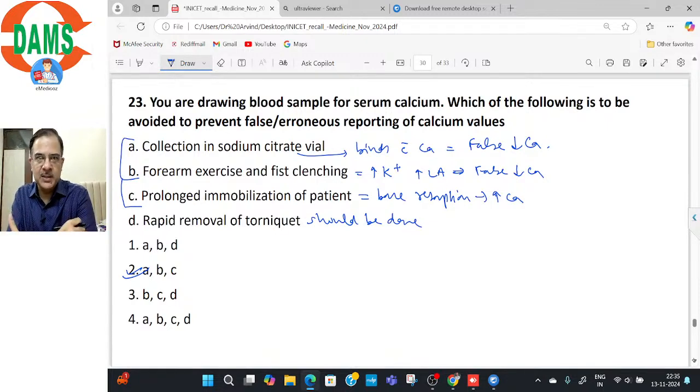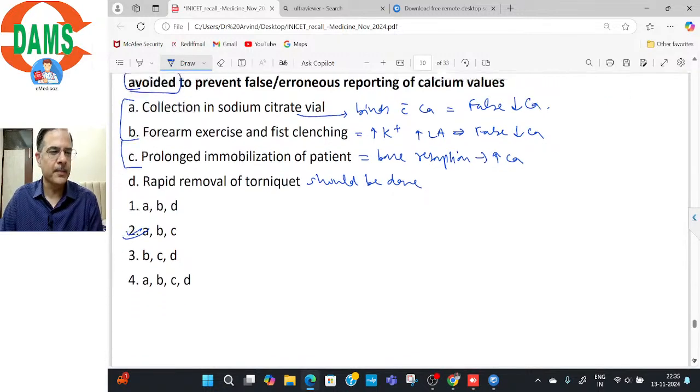It will compress the muscles, potassium will be released from the muscles, and that will interfere with the calcium assays. So the D option is true. That should be done. All the things which should be avoided, A and B should be avoided. But by default, we have to pick the C also here.